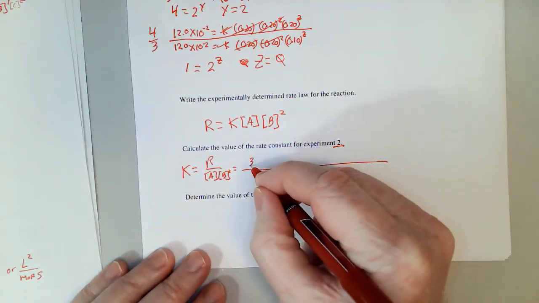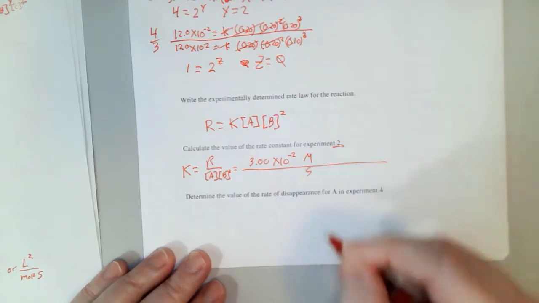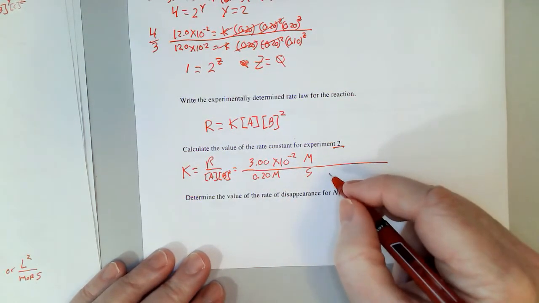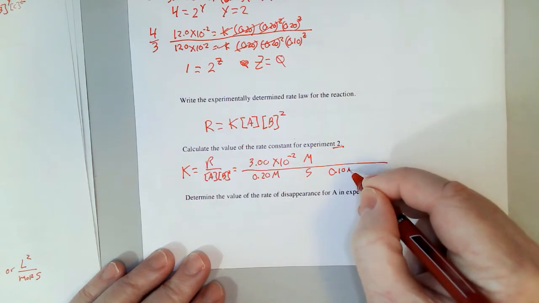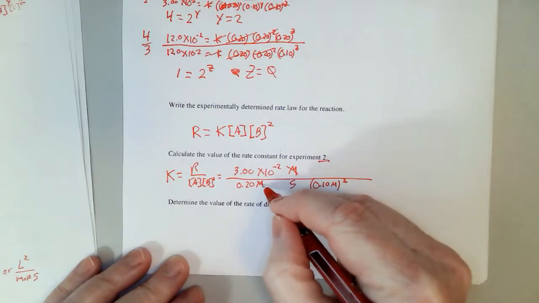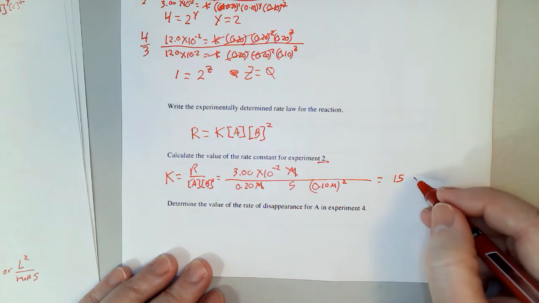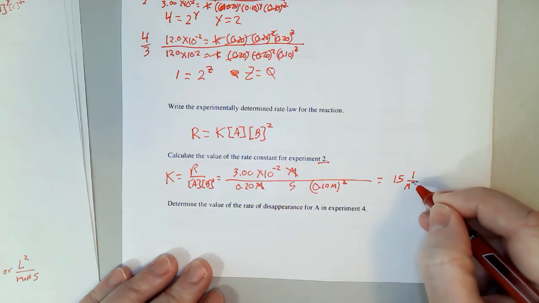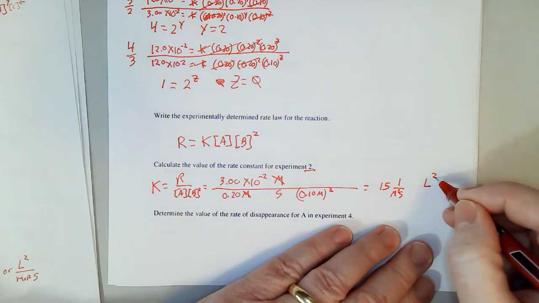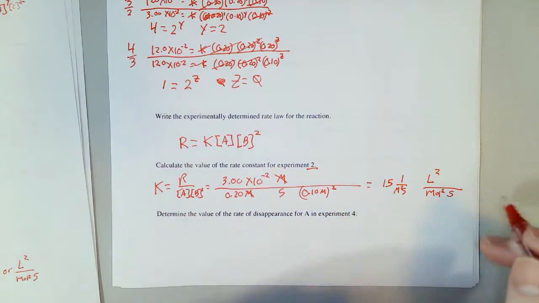And the rate is 3.00 times 10 to the negative 2 molar per second over 0.20 molar times 0.10 molar quantity squared. And those molars cancel. And when I put that through my calculator, I got a 15 and 1 over molar squared second, or more commonly written as liters squared per mole squared seconds.